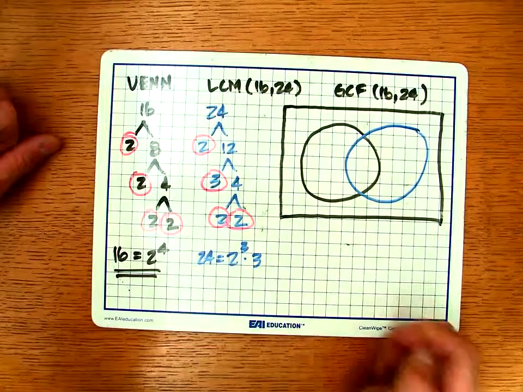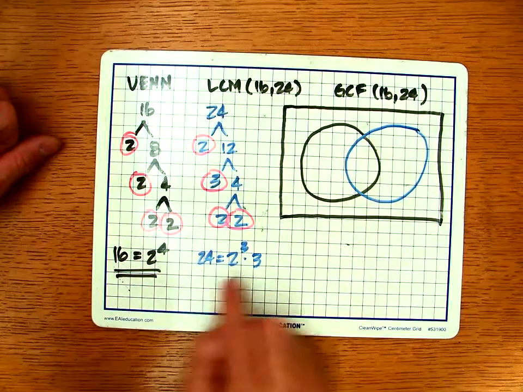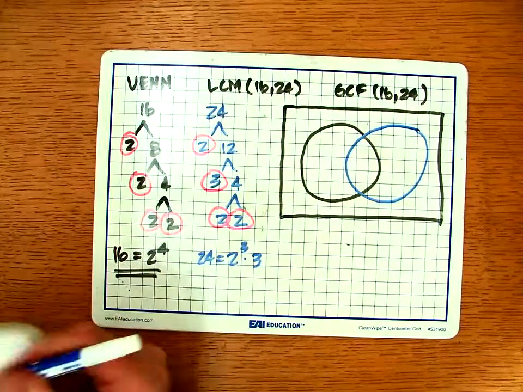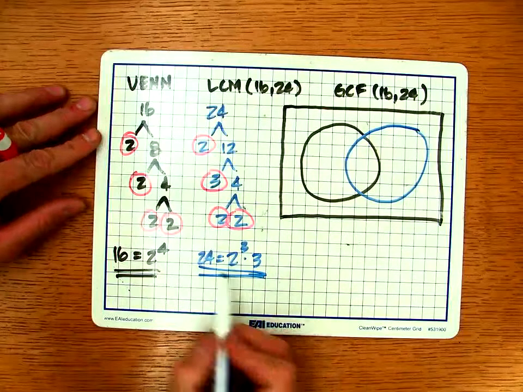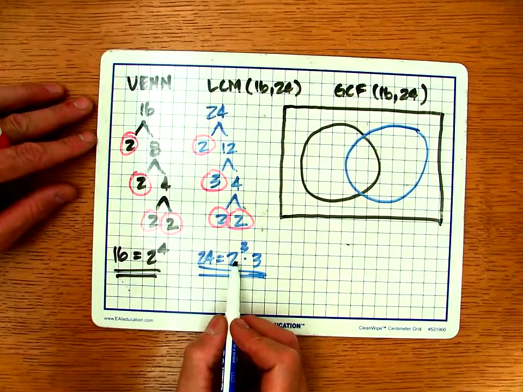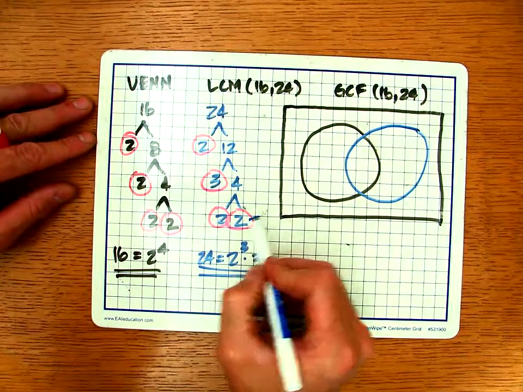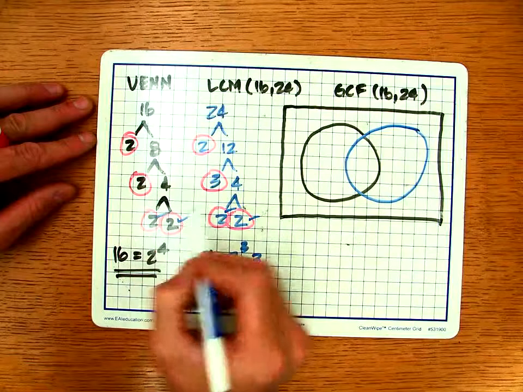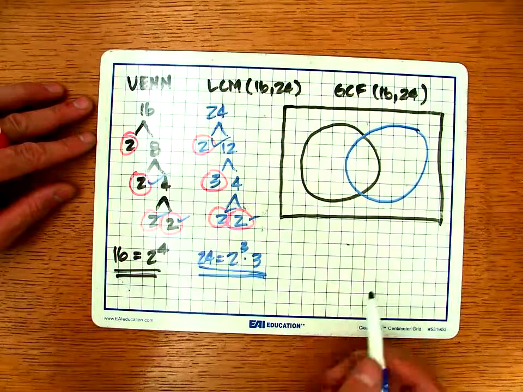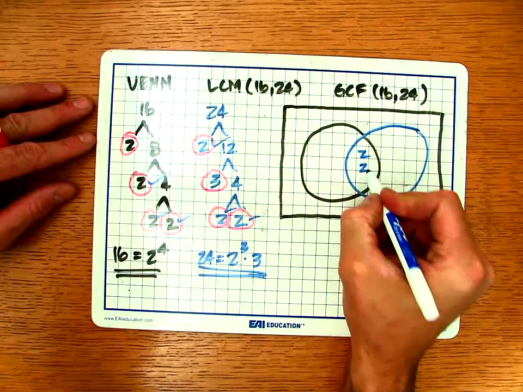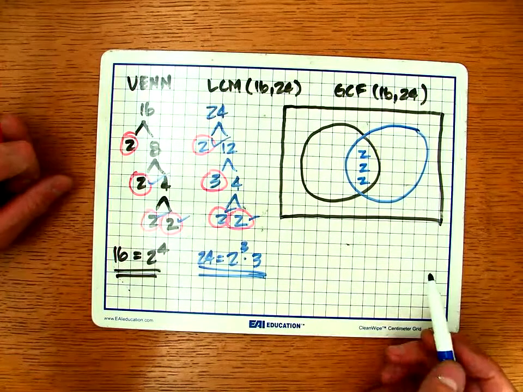So for example, when I look at the two numbers, I can see that they share 1, 2, 3 factors of 2. So that means a 2, a 2, and a 2 should go in the middle.